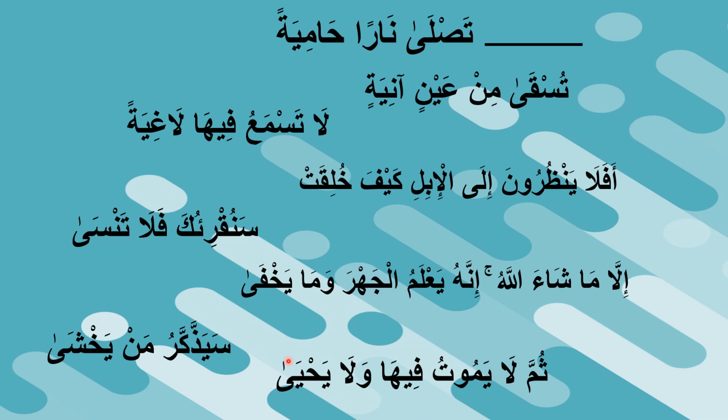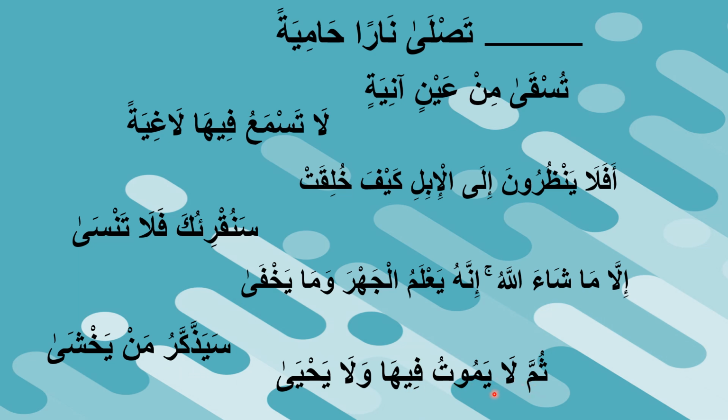Now the other example, sayadhkuru. Yadhkur is another structure of the fi'l, but I just gave this example because we have a harf mustaqbal with the sahih letter with dhamma at the end. So that's how your i'rab goes: alamatu raf'ihi ad-dammatu li'annahu sahih al-akhir.